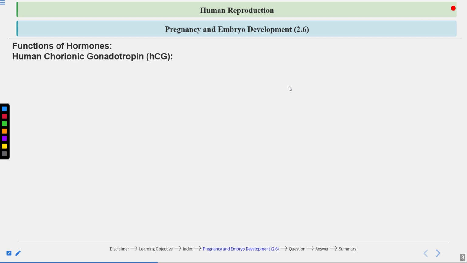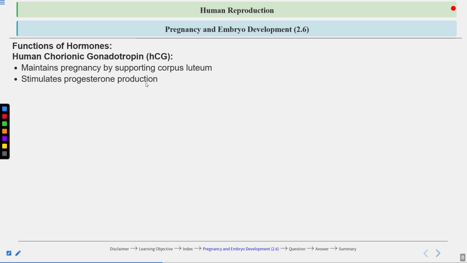First, let's talk about the human chorionic gonadotropin, known as HCG. It maintains pregnancy by supporting the corpus luteum. This corpus luteum secretes progesterone, which is very important for maintaining the thickness of the endometrium. It stimulates progesterone production.